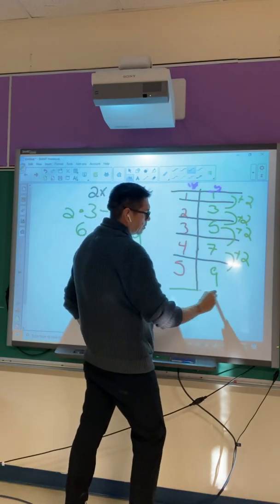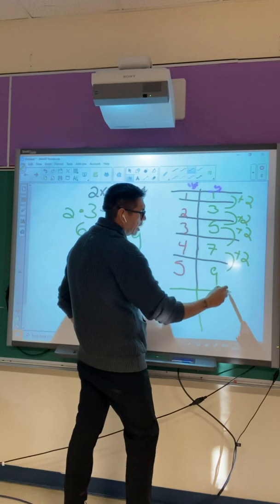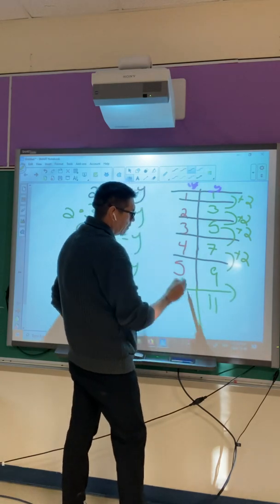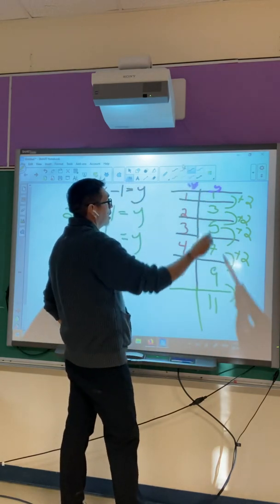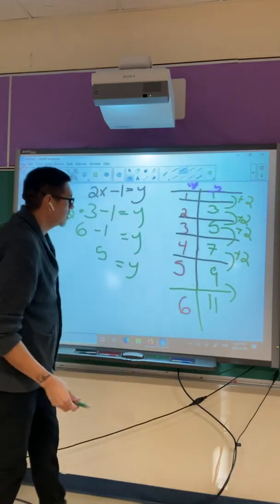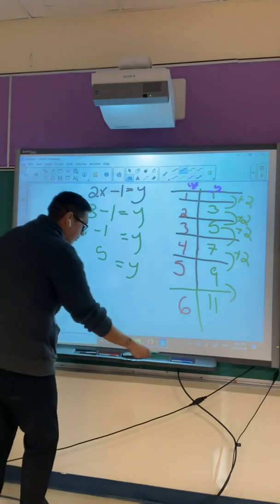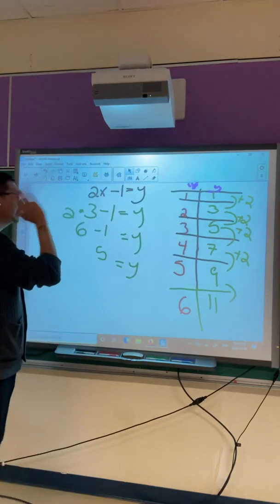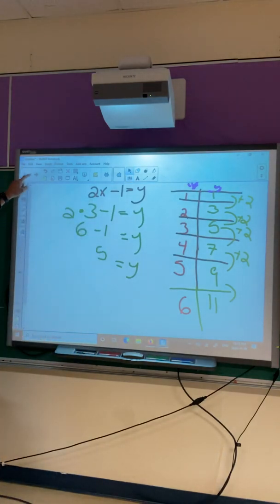And then the next one, if we wanted to keep going, 11 when x is 6. Okay, our next task then would be to graph this linear equation.